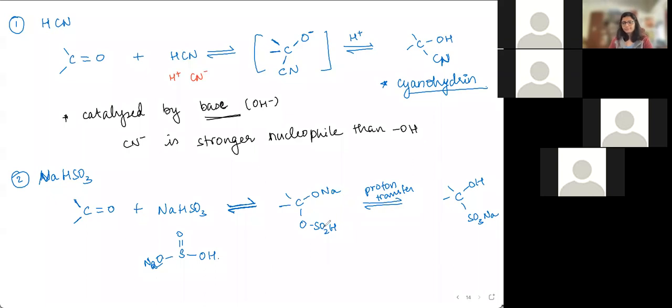Ma'am, whether we write OSO2Na or SO3Na, it's the same thing, right? Makes no difference. I wrote it like this because then there is some clarity about what the structure is. It's important to note that this bond is not formed directly with sulfur. It is formed at oxygen. The bond breaks here, and this is the one that connects with the carbon atom.